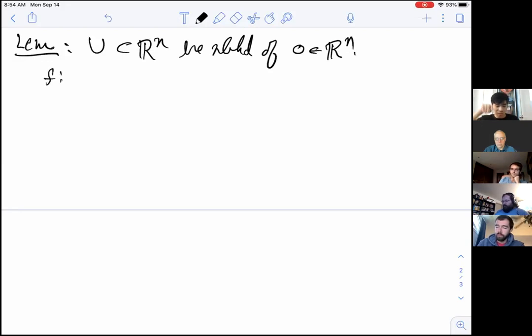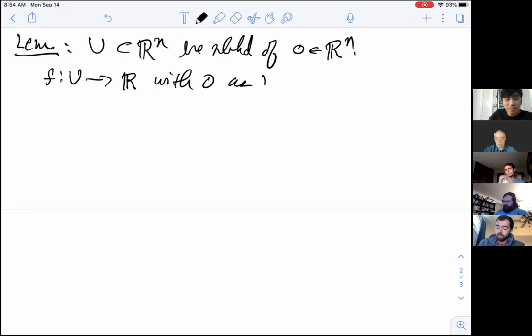and f, a C infinity function with 0 as a non-degenerate critical point. Okay?